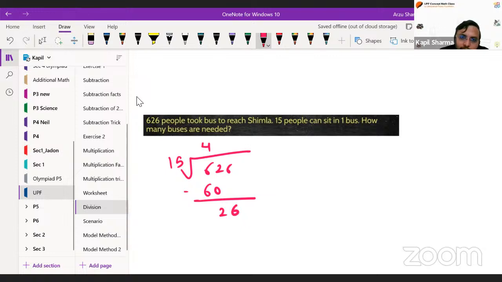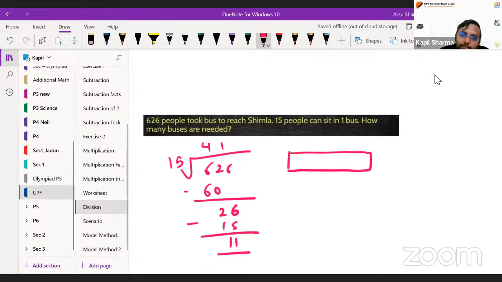So see, when you divide 626 by 15, we get quotient as 41 and remainder is 11. Okay. So now 41 buses can accommodate 615 people.